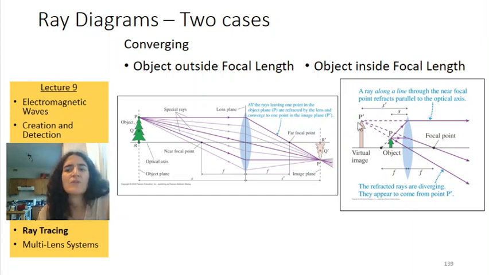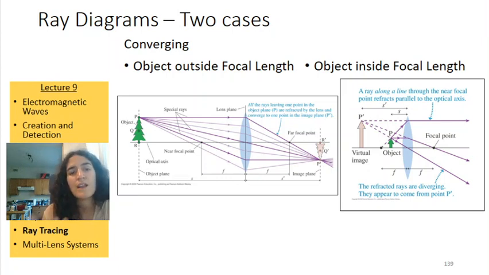So how could you see this virtual image? So if my eye was actually on this side of the lens, I would not be able to see the object. What I would see is this image, right? So this is the principle behind a magnifying glass, right? So when you put a magnifying glass in front of your eye and you look at some text, the text looks enlarged.